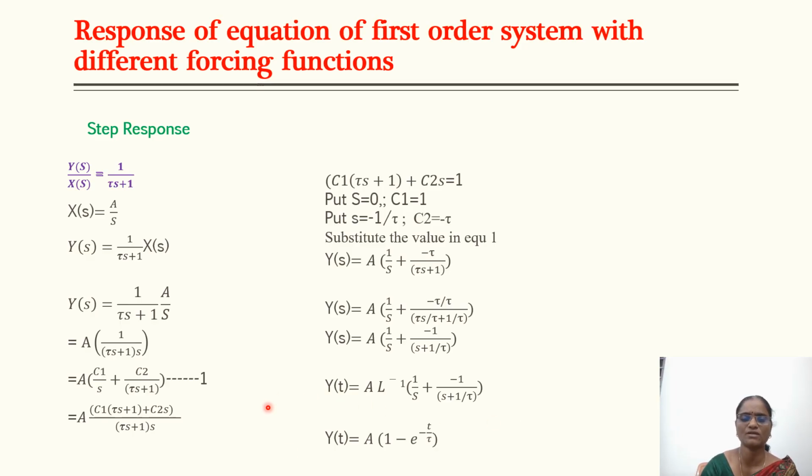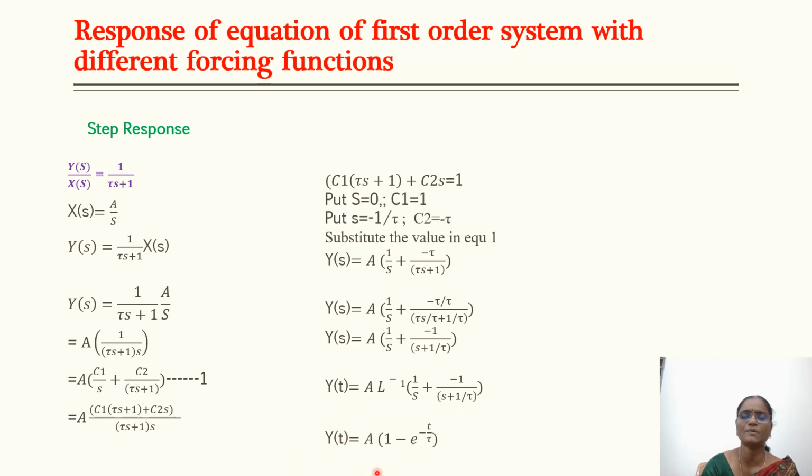Now what is the use of this equation? This equation gives the relationship between the output variable with respect to time. For example, if you wanted to maintain the temperature in a bath as constant at a particular time, you can find the output by using the response equation.